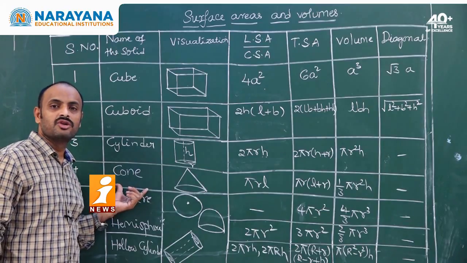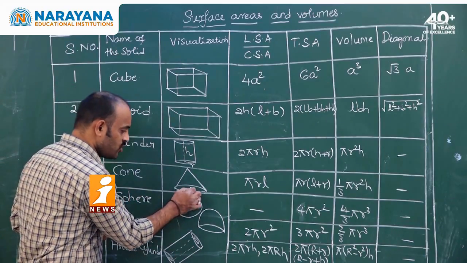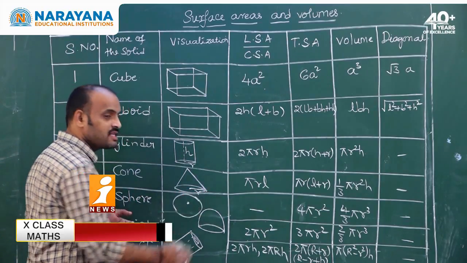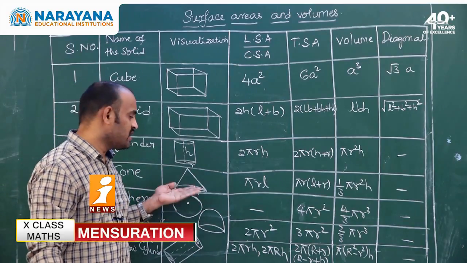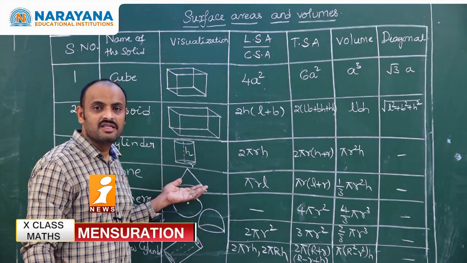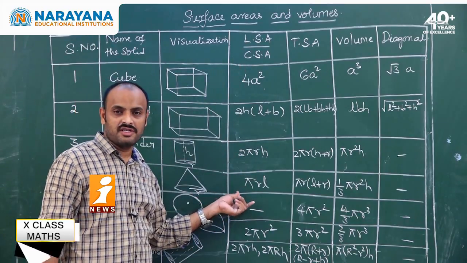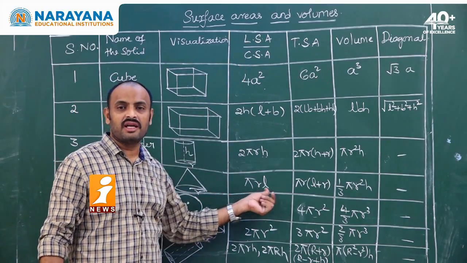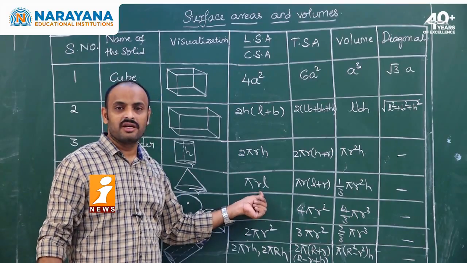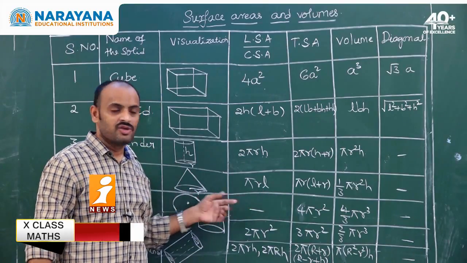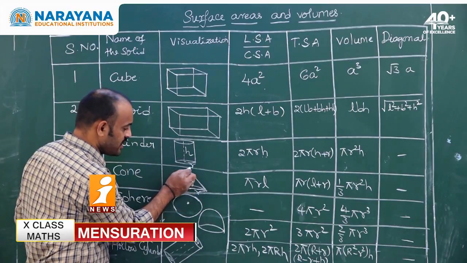Next comes cone. The cone contains two surfaces: one is a plane surface and the other is a curved surface. The lateral or curved surface area of the cone is pi r l. What is r here? Radius of the base. What is l here? Slant height.